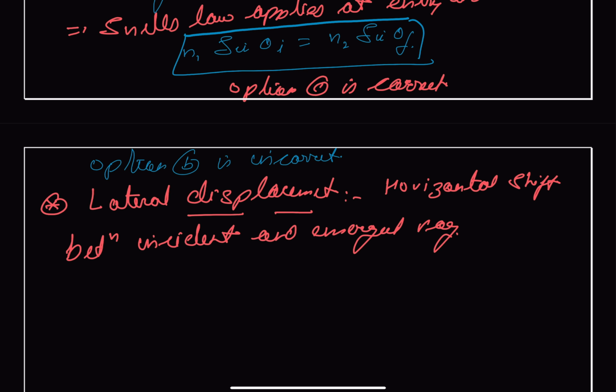It is measured between the ray's original path and the actual emergent path, but it is only limited up to the exit point of the slab. Beyond that there is no meaning of lateral displacement, because the ray will be traveling straight forward.